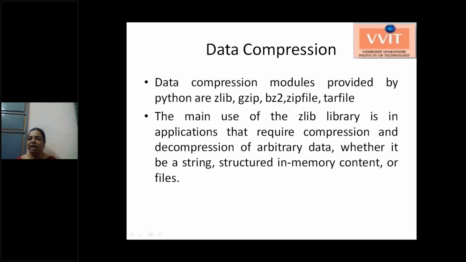Either you can compress your data as a tar file. Tar is generally used as an archive file for Ubuntu and Linux operating systems. Zip file is for Windows, and bz2 is similar to gzip and zlib.